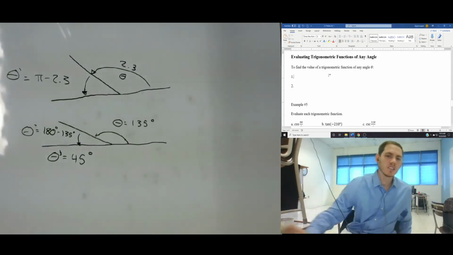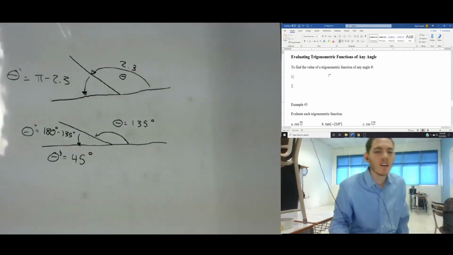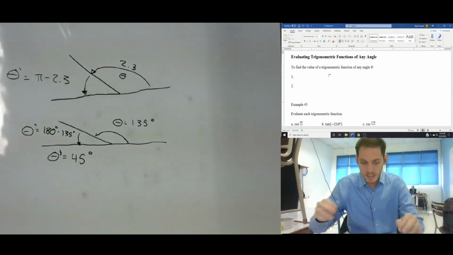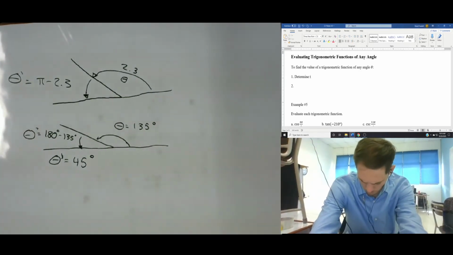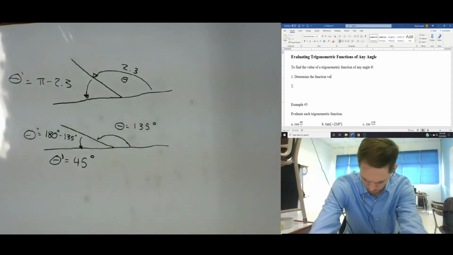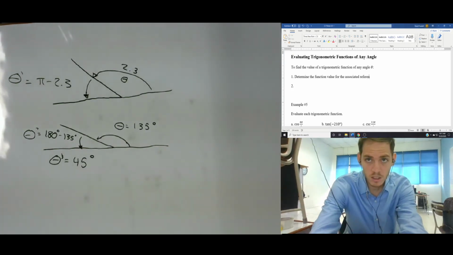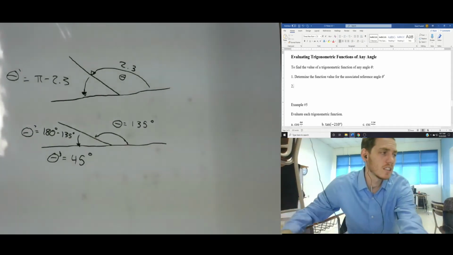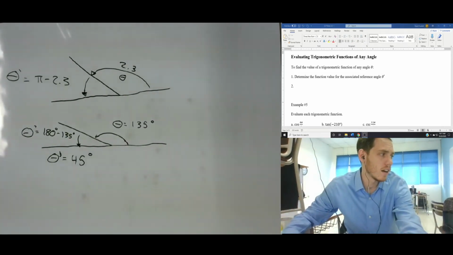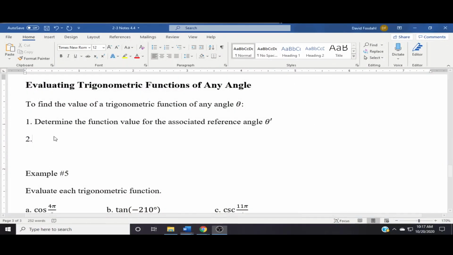Evaluating trig functions for any angle. To find the value of a trig function at any angle, the first thing we have to do is determine the function value for the associated reference angle theta prime. Okay? First you need to find the reference angle.